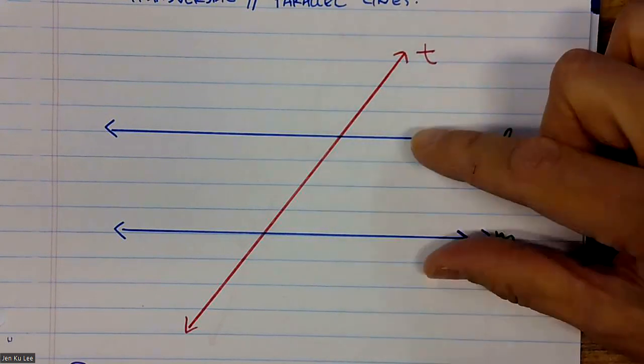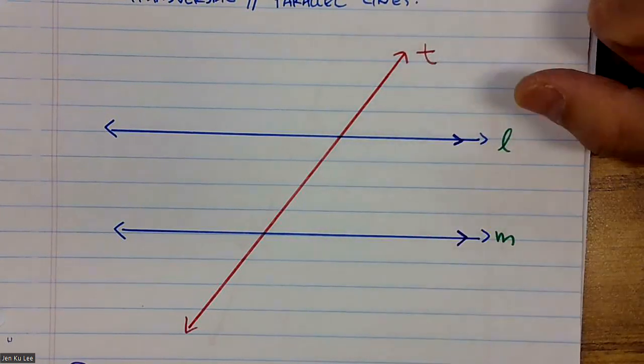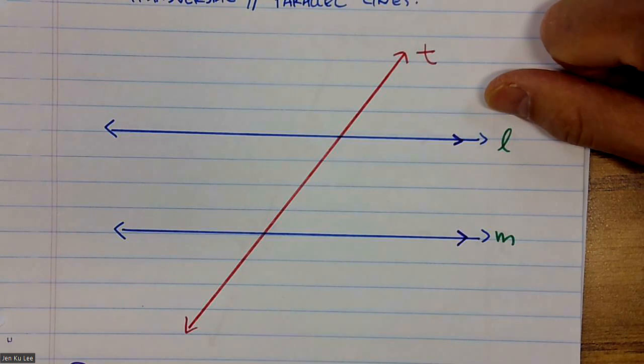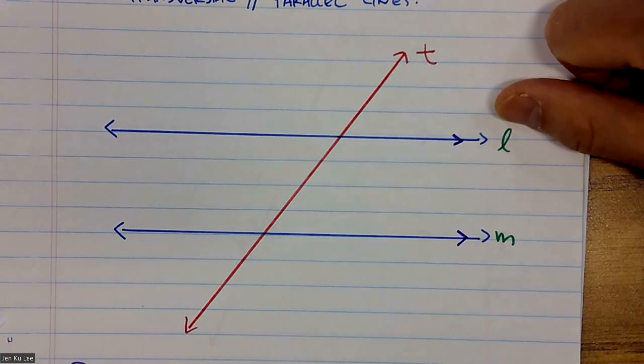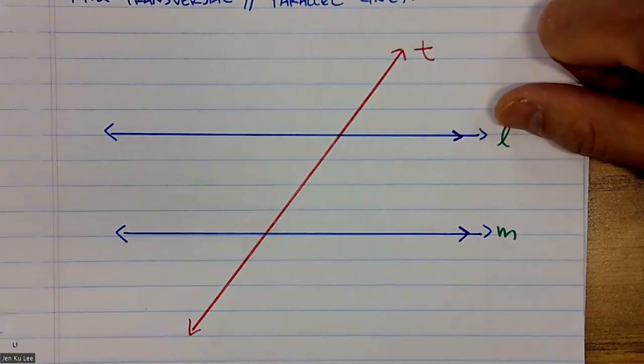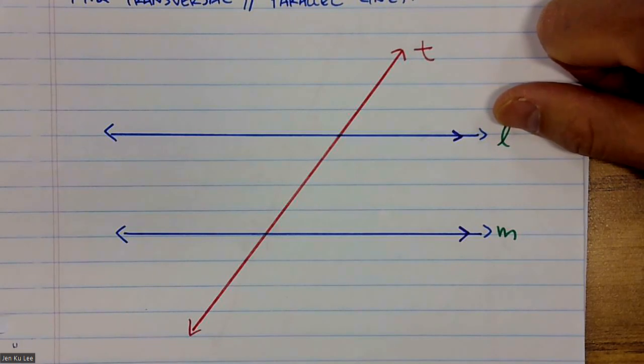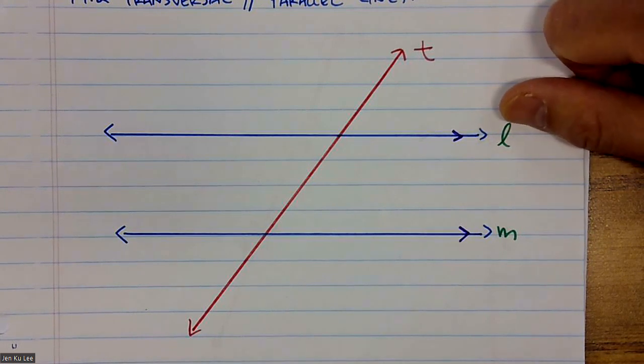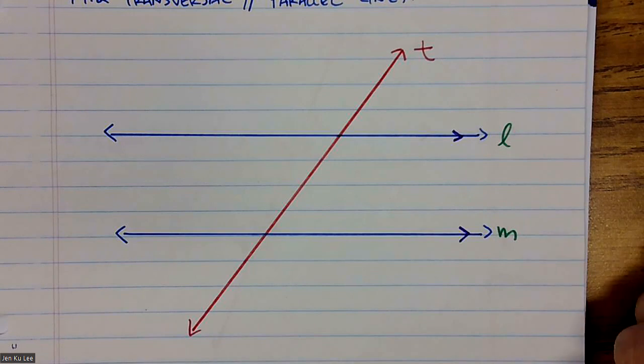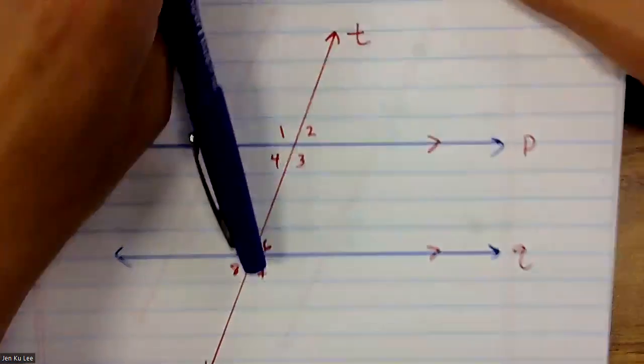And they cut two or more lines. Cool? That's the basics of what a transversal and parallel lines are. All right? Quite simple. So what are we going to do with this type of picture?